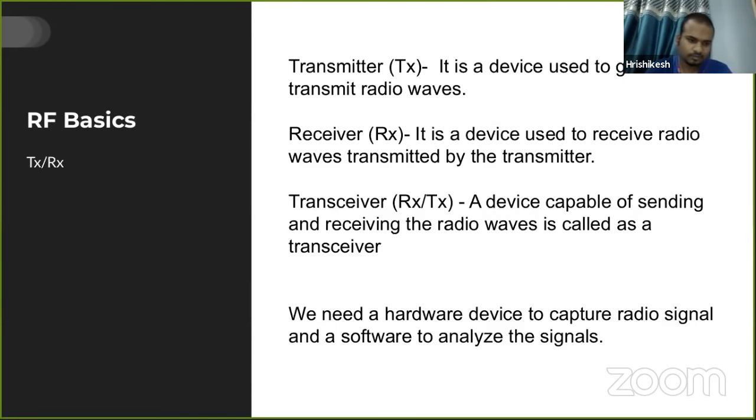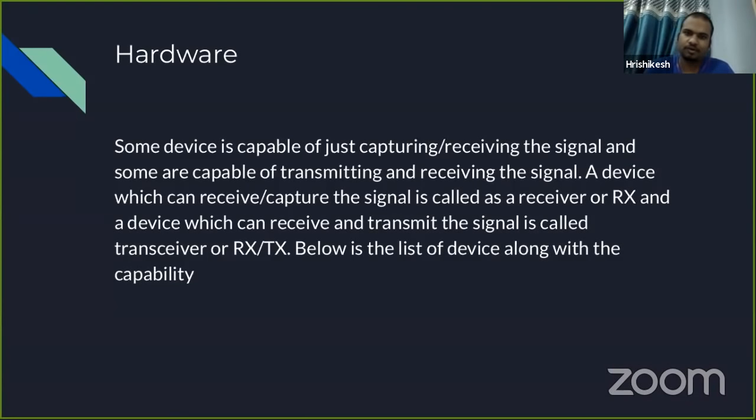You all might be thinking, which device are we going to use, how the hell can I sniff into radio frequencies? Some devices are capable of capturing and receiving signals, and some are capable of transmitting and receiving the signal.